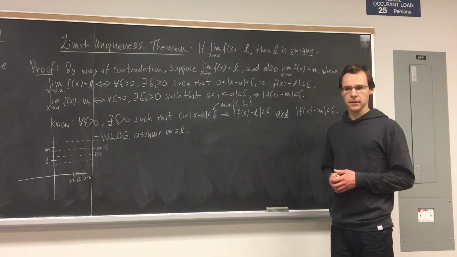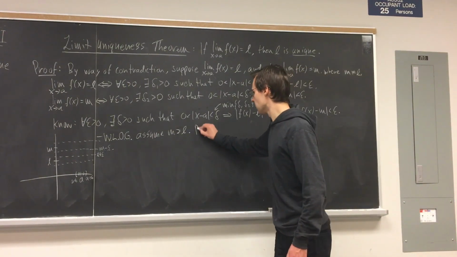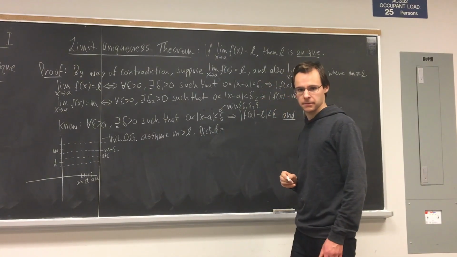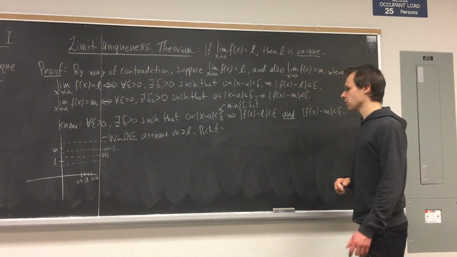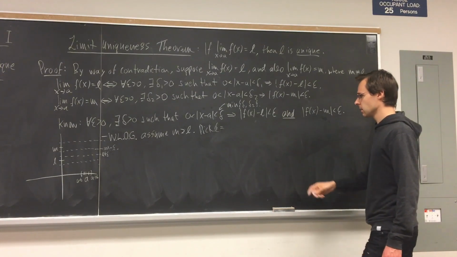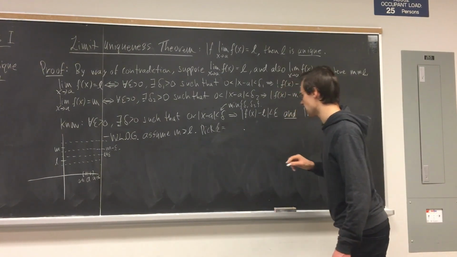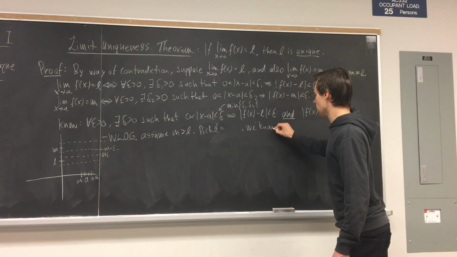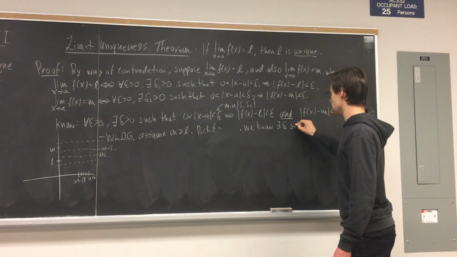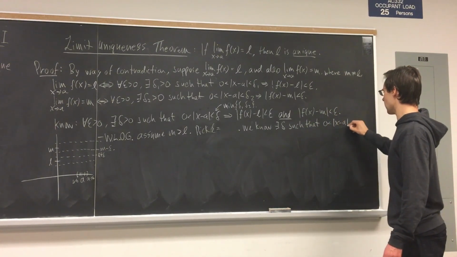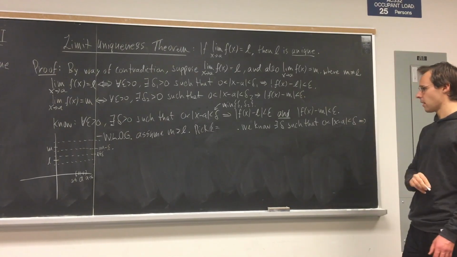Okay, so we're going to pick a specific epsilon now. Pick epsilon equals something. And now we know that there's going to be a delta such that both of these things are going to hold. Let's just leave that blank for now. We know there exists delta such that 0 less than |x minus a| less than delta implies the following.